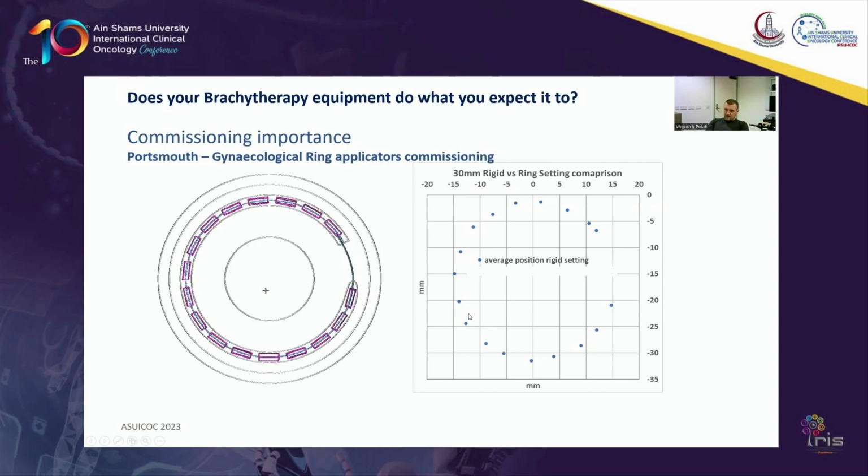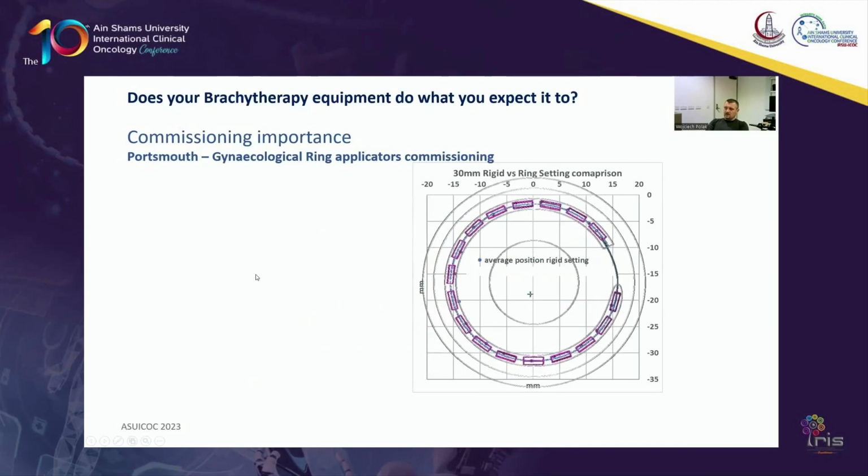However, the model of the applicator within the solid model library looks like this, which is very nice, evenly spaced nominal source positions. And when we move from one to another, you can see that the measured source positions and the source positions from the solid applicators do not match each other.